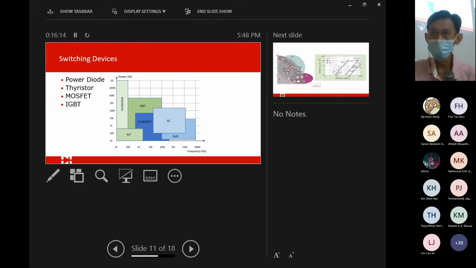When you want to design a converter, you have to know which is the correct switching device to choose. And then, of course, the last two here are SiC, silicon carbide, and GaN. These are the latest materials used in transistors. Commercially you can already get them today, but they are very expensive. You can see that they can go to much higher frequency and sit in between IGBT and MOSFET.